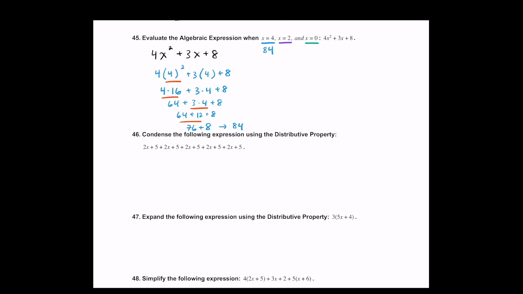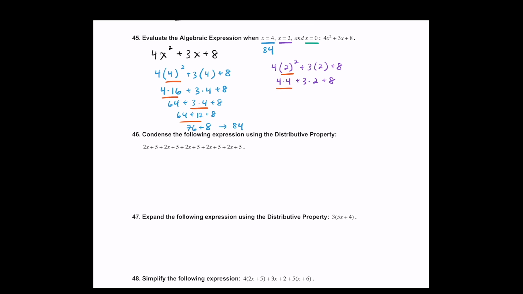Now when x is equal to 2, we'll take the 4 and substitute in 2 for x, so it's going to be 4 times 2 squared plus 3 times 2 plus 8. We'll start with the exponent first. 2 squared is going to be 4. So we have 4 times 4 plus 3 times 2 plus 8.